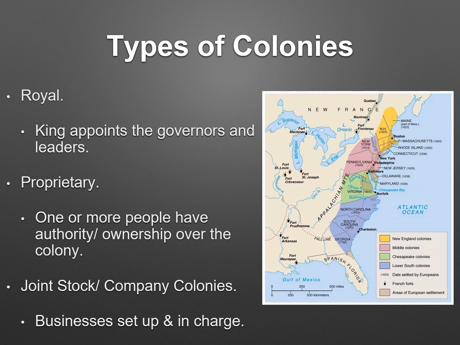And as opposed to proprietary and royal colonies, this also has the benefit of being even more autonomous. Now, reaching the joint stock company doesn't mean that you are fully autonomous, because usually you have to have a lot of money to get this started, and you have to be making money for the company to stay in power. But if those 2 things are happening, you are gonna be allowed to operate how you see fit.